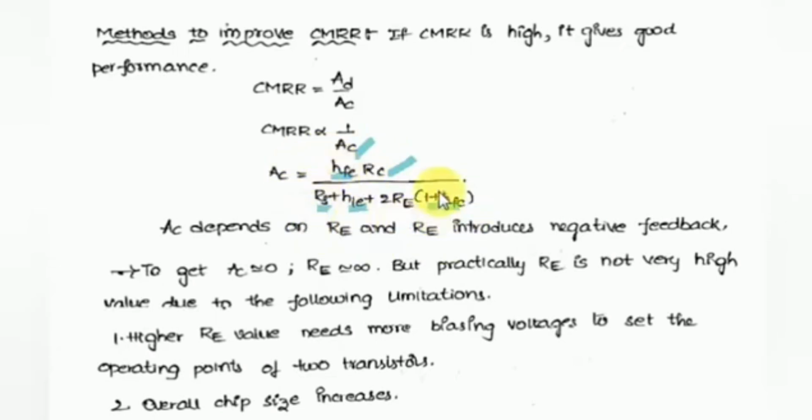After all these parameters, the common mode gain AC is only depending on the emitter resistance RE. So this AC value will be decreased only when the denominator part increases, that is, when the RE value increases.